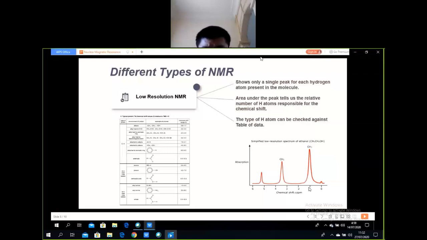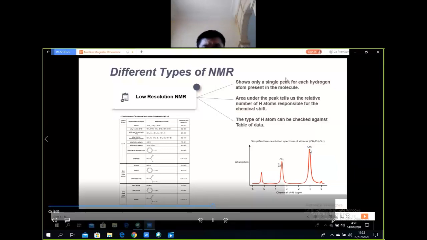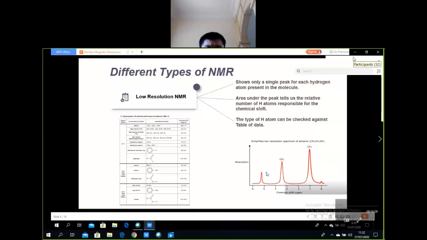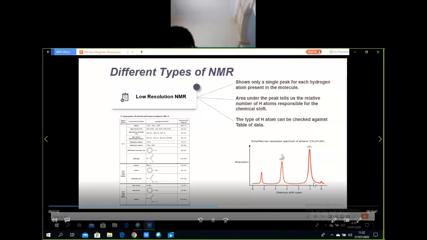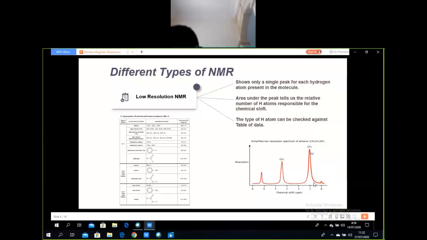Example in this one, this is the highest absorption, this one the middle absorption, and this one the least absorption. If we compare to the least, this one is around 2 times to make CH2, and this one requires 1 more. So this one contains 3 hydrogen atoms. So that is the low resolution.